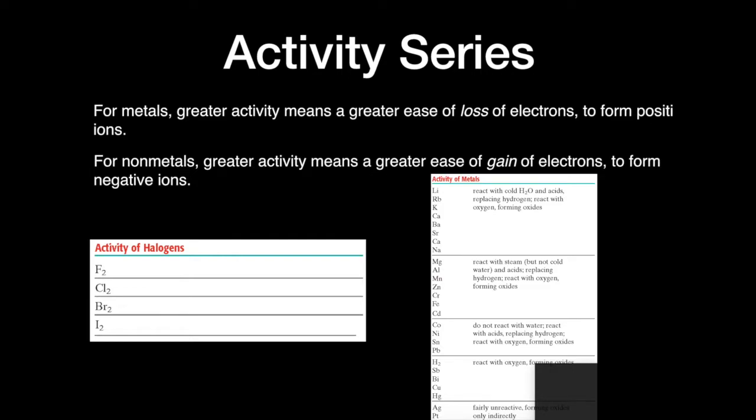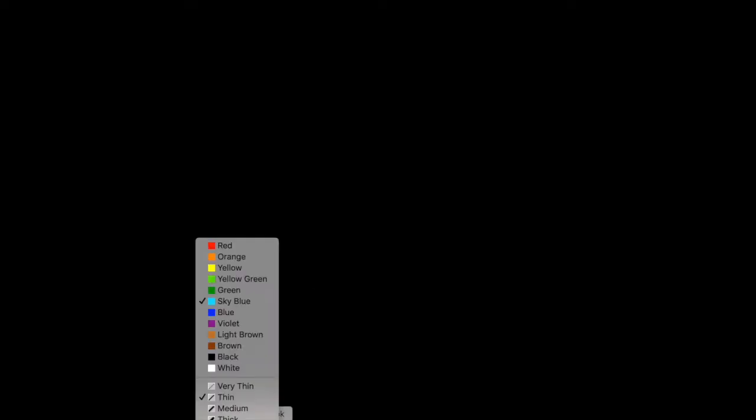We can use an activity series for metals and an activity series for halogens, and that activity series for halogens is just a periodic table. The best way to get good at this is to practice. A lot of times, you're just going to be given a half reaction, and you're going to have to create your products and determine if a reaction will occur.